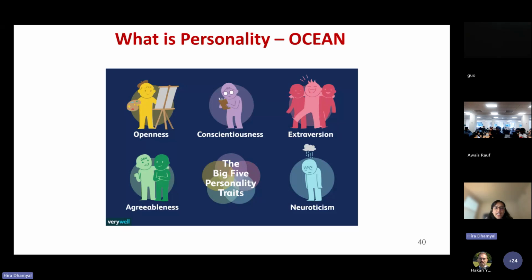So what really is personality? Personality is a unique set of traits, behaviors, and patterns that define an individual's consistent way of interacting with the world. So you can imagine emotions are pretty short-lived. We express an emotion, we move on to another one. But personality is consistent. For years, an individual will have the same personality. So it is a pretty different task than emotion recognition.